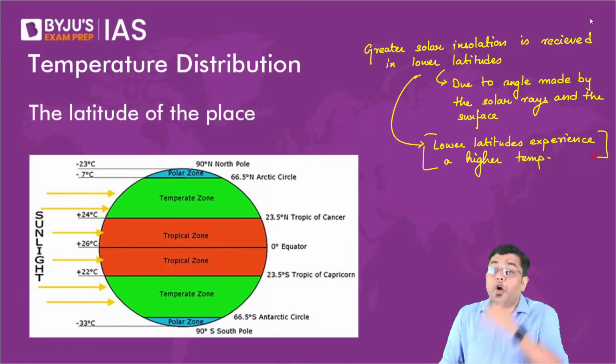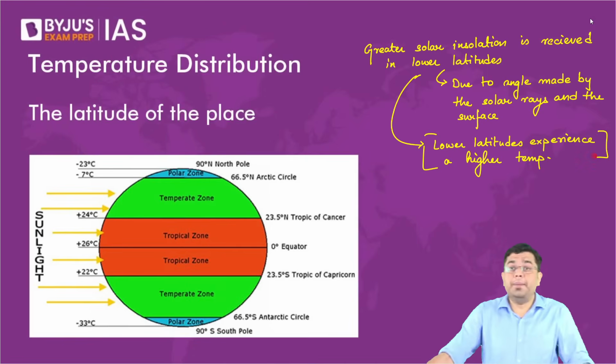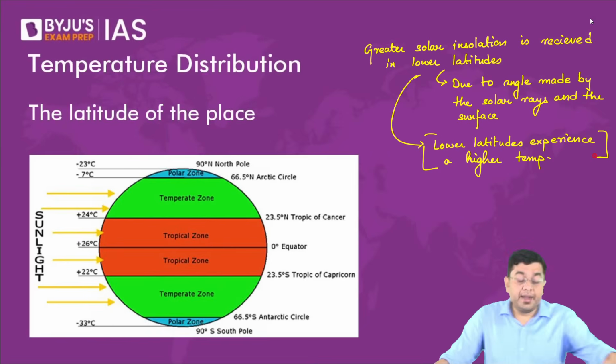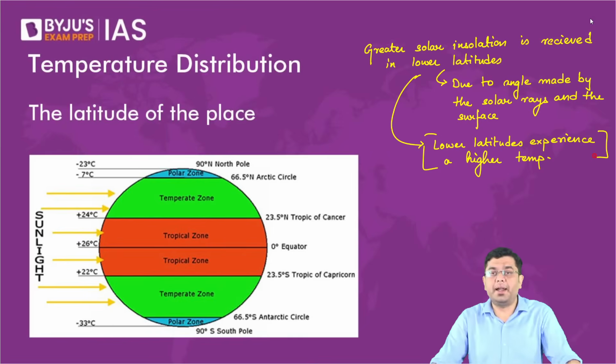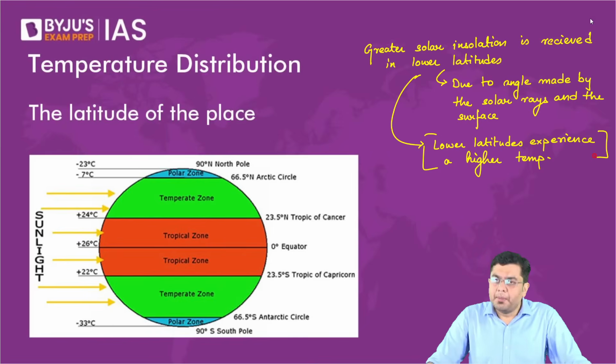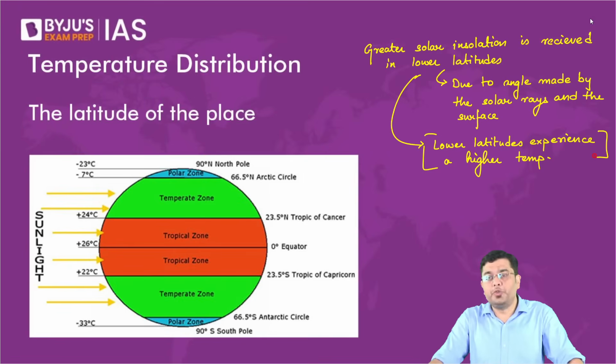Always. Always the lower latitude in comparison will experience a higher temperature, and the reason behind that is very simple, because when we talk about the lower latitude, the angle made by the solar rays is larger, there is a greater amount of solar insolation received, so that ends up indicating a higher temperature.